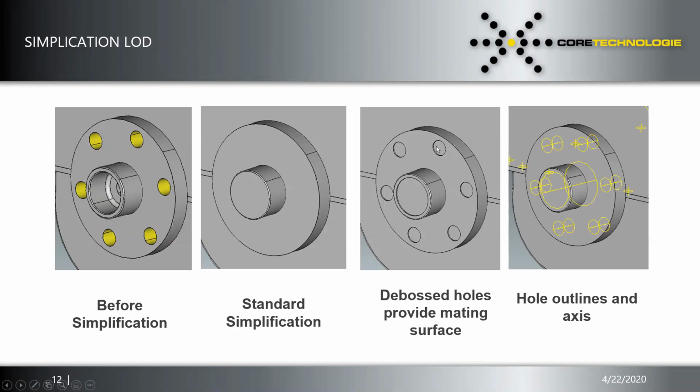We can keep those points, or we can just deboss them or put outlines on them. So it really tailors to what your specific requirements are and what you want to do with the holes. Obviously, if we wanted to reduce the most file size, we would delete those holes, but in some situations you can't do that. So we have other ways to assist with that process to still eliminate file size, but reach your required output.